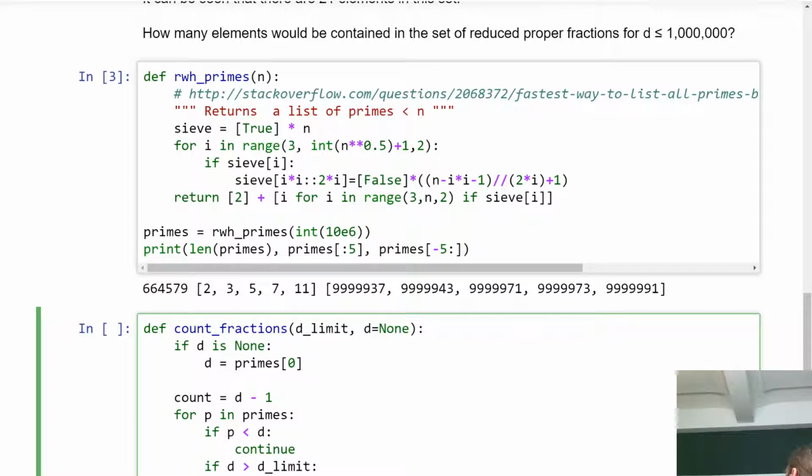For 8 we have 2, so we can take 3, 5 and 7, which are primes. So we can write a loop from 1 up to 1 million.